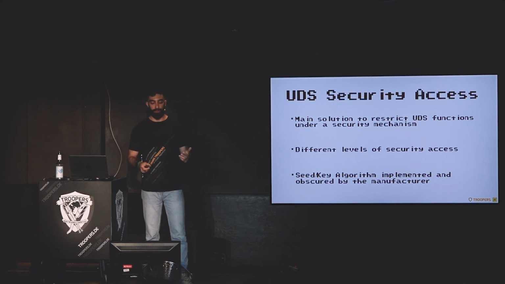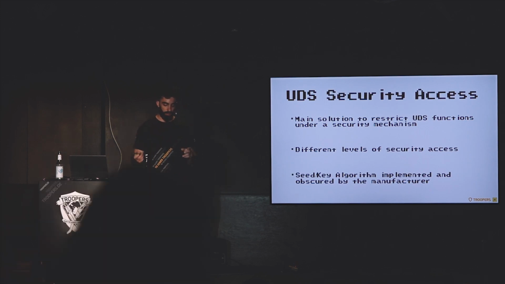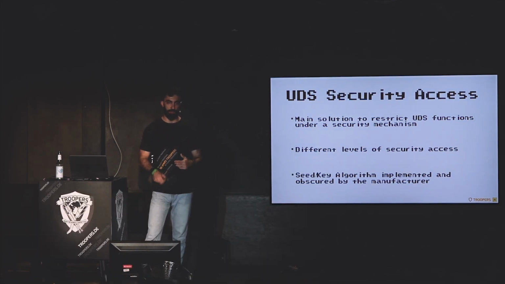It's a seed-key algorithm implemented and obscured by the manufacturer. The way that the key is derived from the seed should not be revealed, and usually there are some leaks online, or some seeds or algorithms get leaked, or some people reverse those algorithms in order to get access to these ECUs.